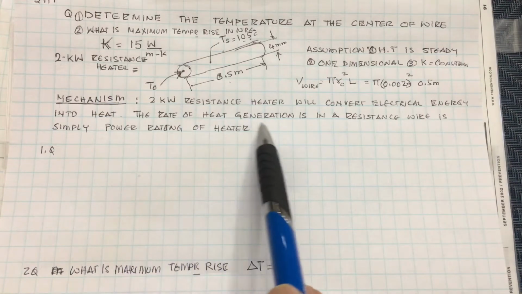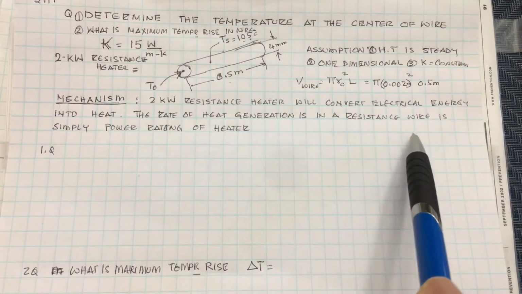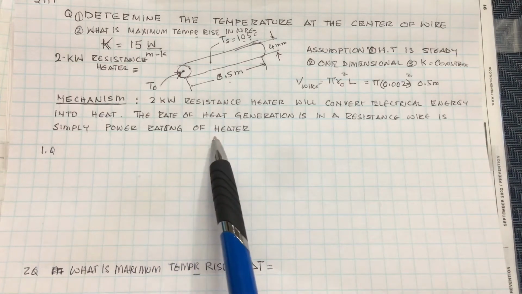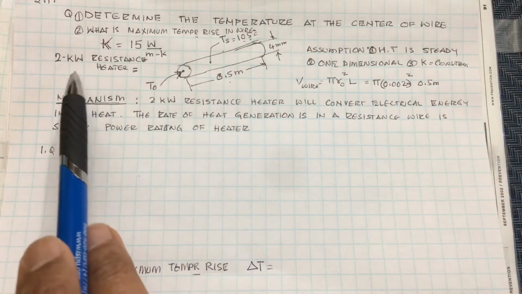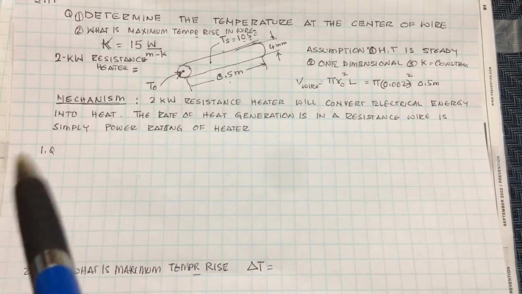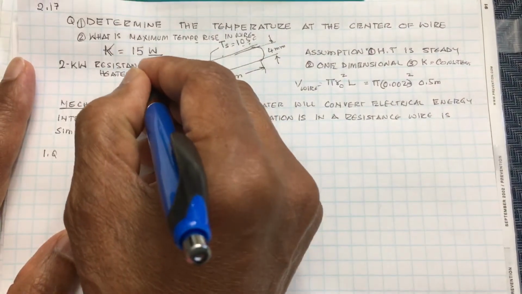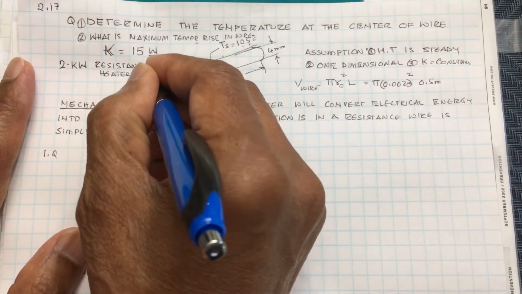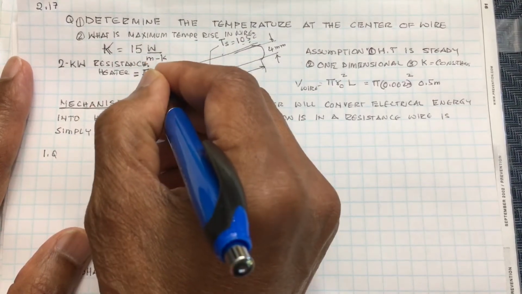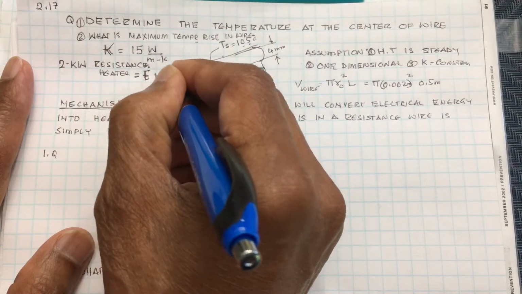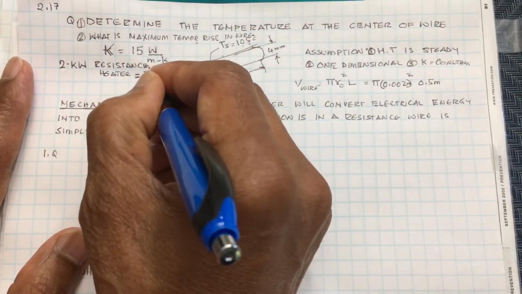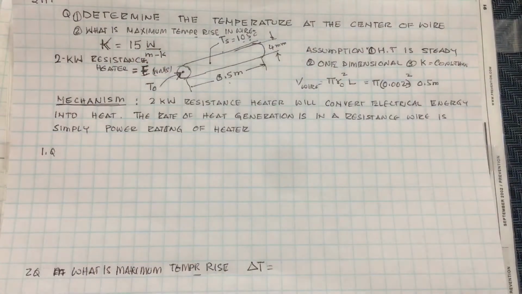So the rate of heat generation in a resistance wire is simply the power rating. So when they give you 2 kilowatts, it automatically means E dot, heat generation, and that is always in watts. See this? The unit is watts. That is what he has given.